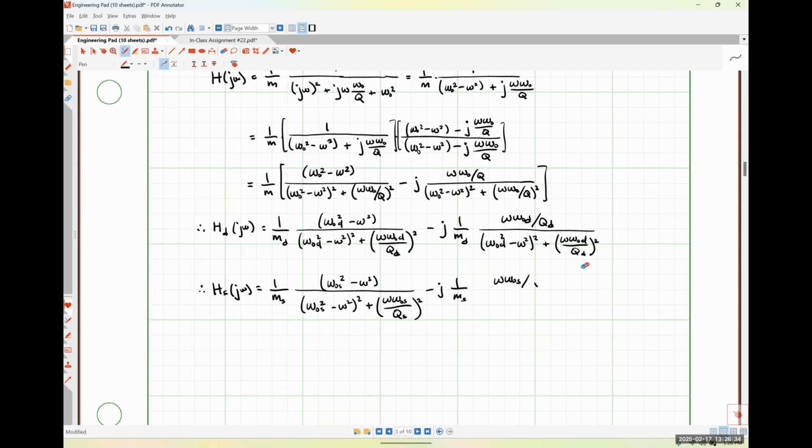Sorry, that should be an s. Divided by (omega naught s squared minus omega squared) squared plus (omega naught s over Q_s) quantity squared.